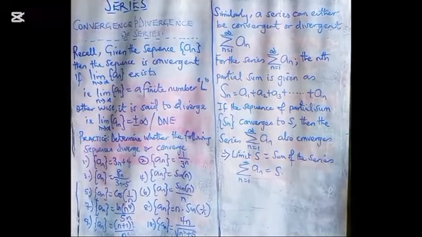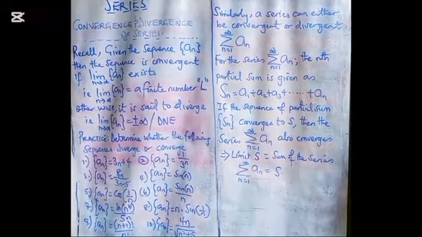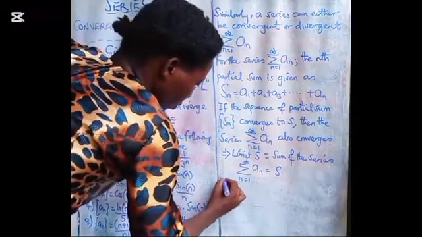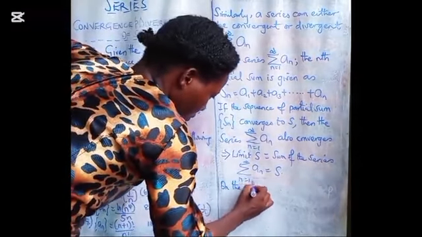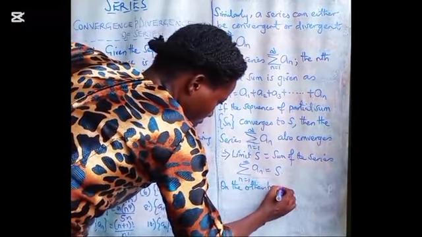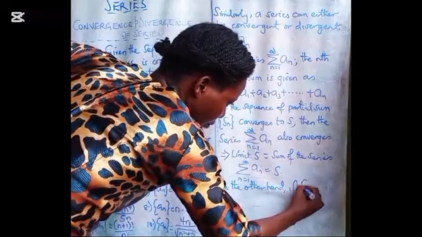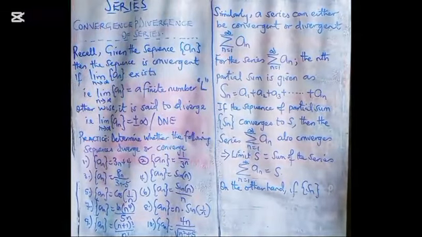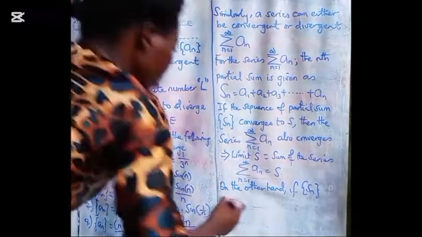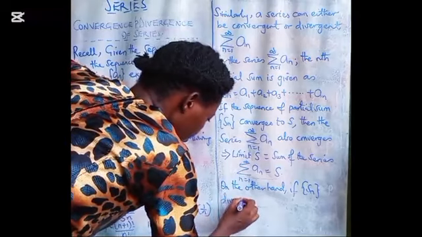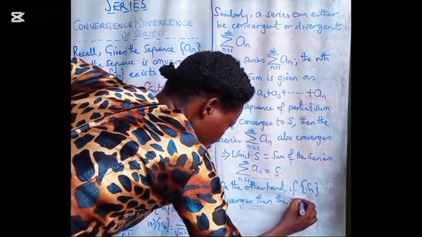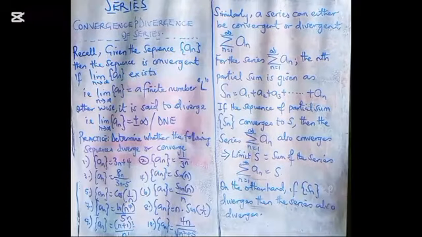On the other hand, if the sequence of partial sum S of n diverges, then the series also diverges.